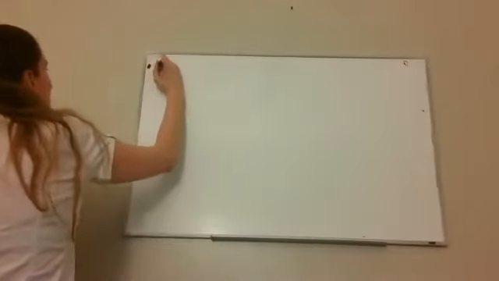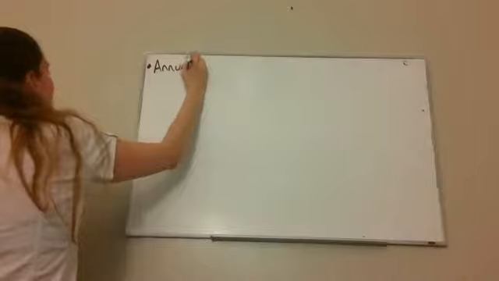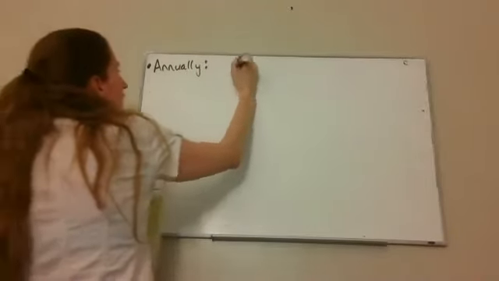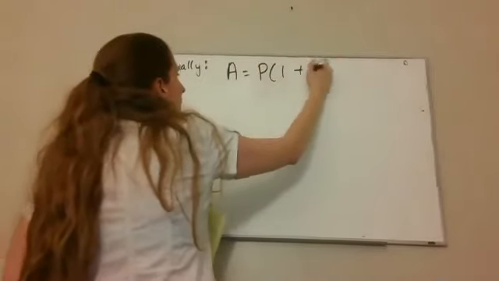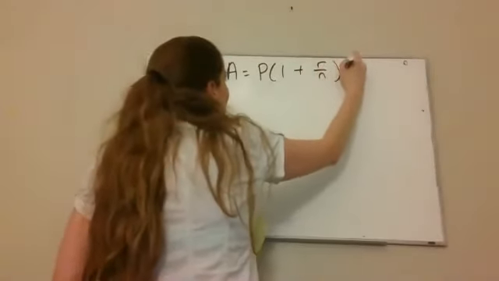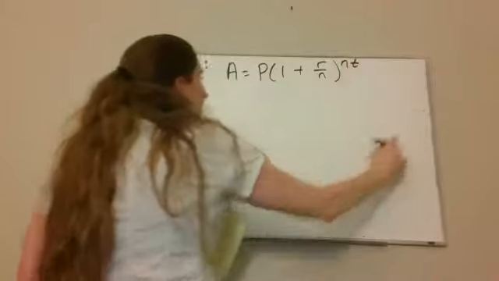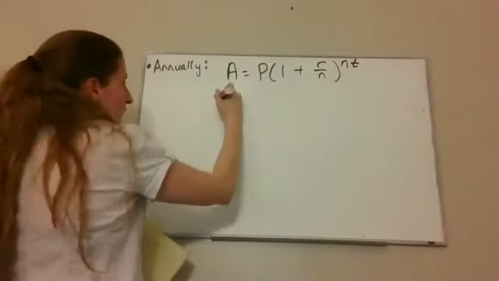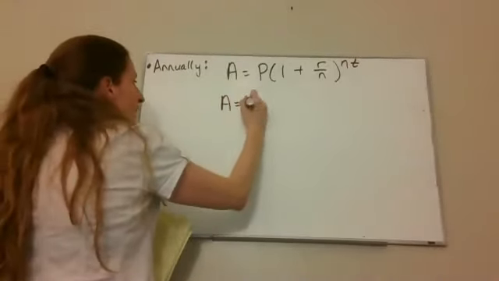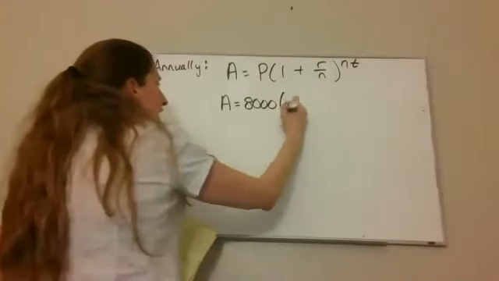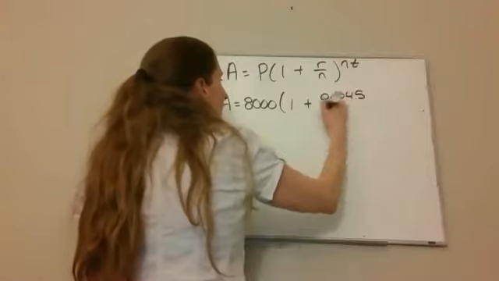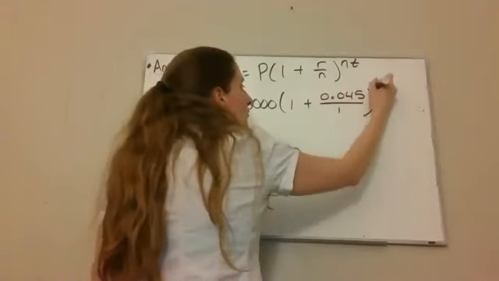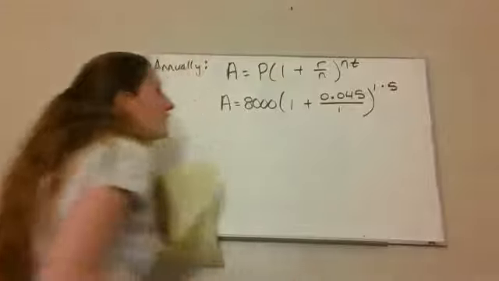So let's do annually first. We're going to use the formula A equals P times 1 plus R over N to the NT power. And we just fill in all the info we have. So I'm going to have 8,000 times 1 plus 0.045 over 1 to the 1 times 5 power.